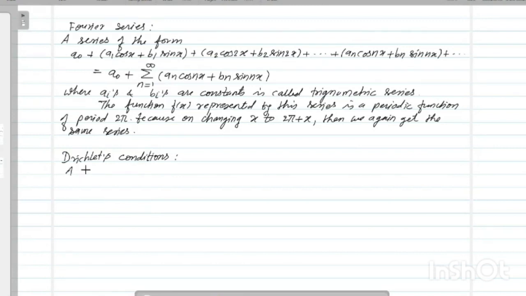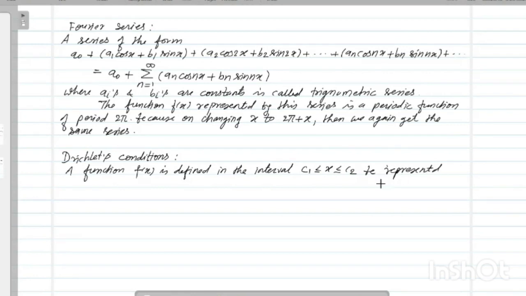A function f of x is defined in the interval c1 less than or equal to x less than or equal to c2, and can be represented as a Fourier series if in the given interval there are some conditions.